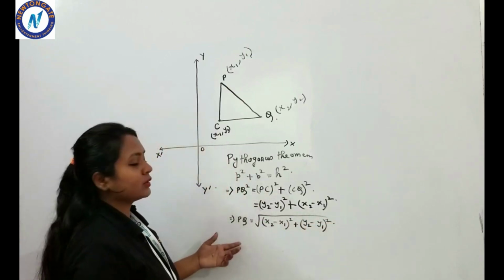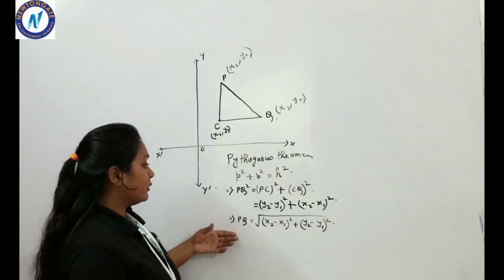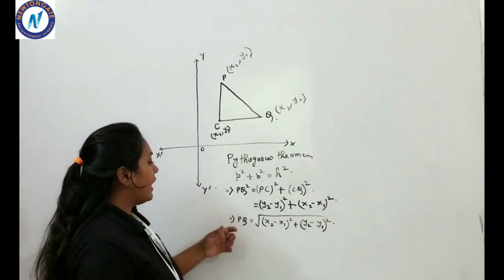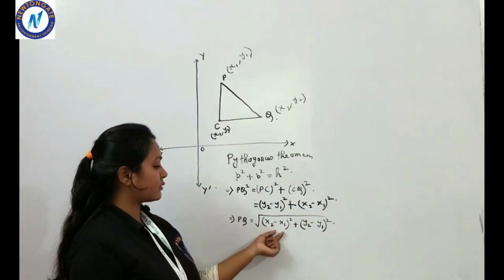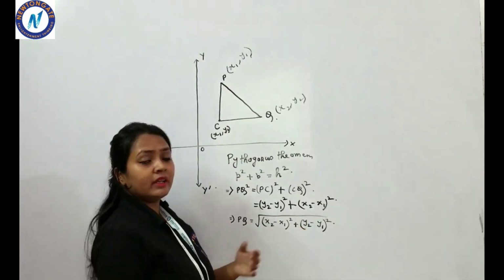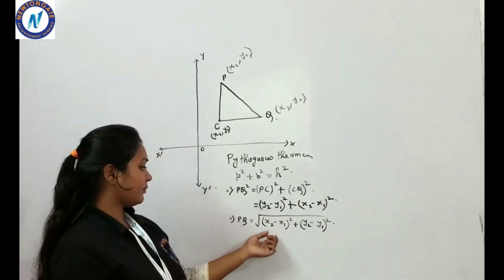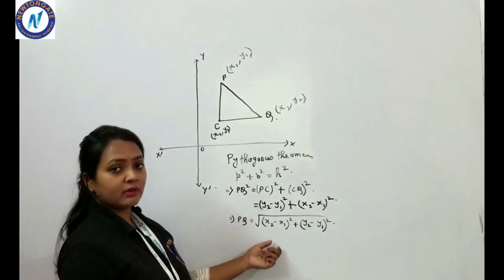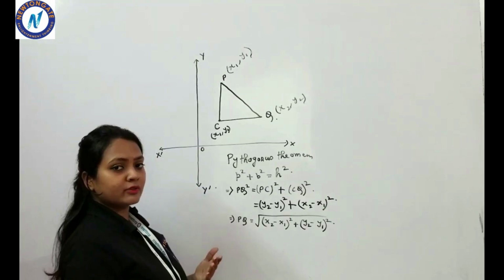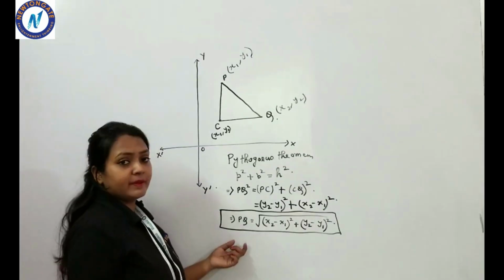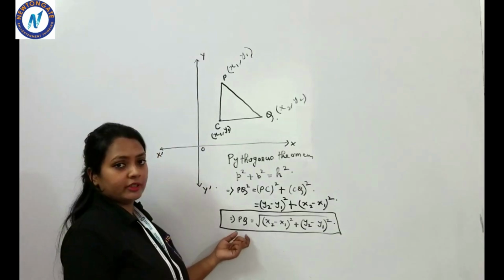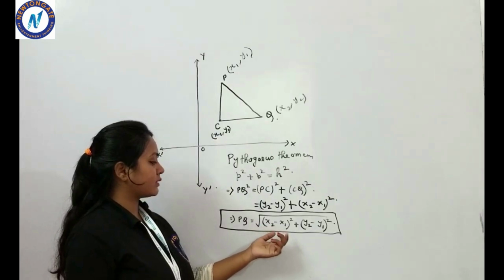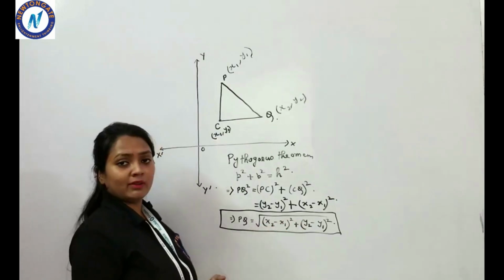This formula is known as the distance formula. We see that from the Pythagoras theorem we derive the distance formula. The terms x2 minus x1 and y2 minus y1 can be swapped to x1 minus x2; both are equal, since x2 minus x1 square or x1 minus x2 square are the same. So when we calculate the distance between two points P and Q, we use the formula under root of x2 minus x1 whole square plus y2 minus y1 whole square.